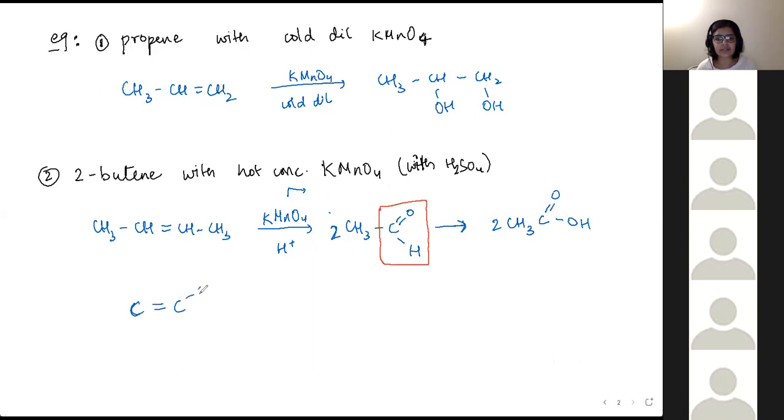Okay, what if your reactant was this? Predict. We'll continue with this thing.